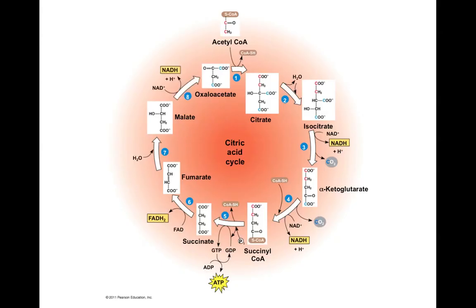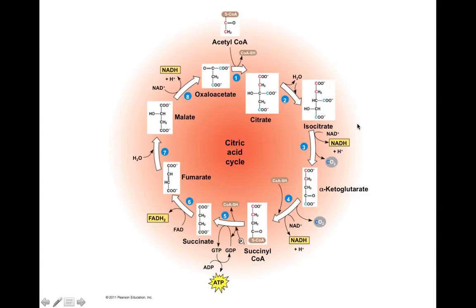But once we form malate, we have a couple of high energy electrons left that we can harvest from malate. Put them on NAD+, the electron bus, form NADH, send those electrons to electron camp, and we have reformed oxaloacetate. Oxaloacetate begins the cycle all over again.